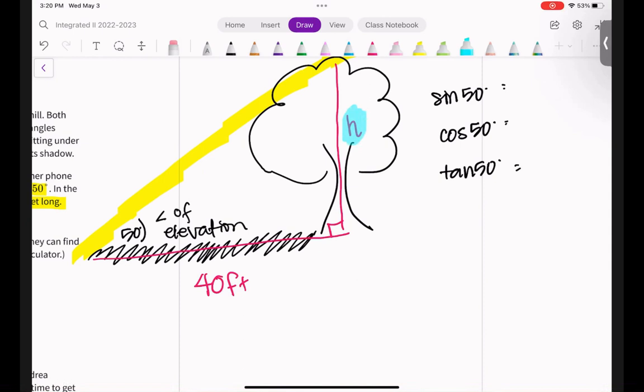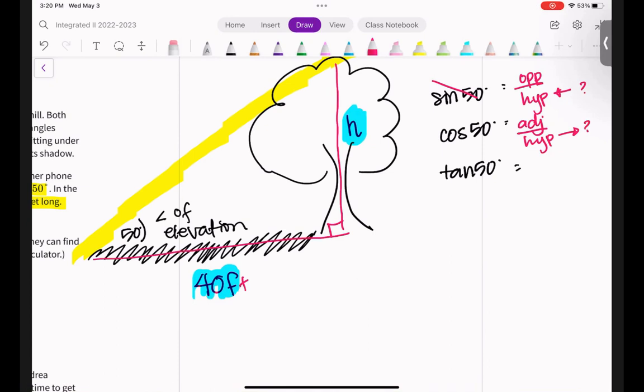Notice they gave me this side and this side. So could it be sine? No, it can't be sine because sine is opposite over hypotenuse, and I don't know the hypotenuse. They didn't give it to me and I don't need to find it. So that's going to be a no. Same thing goes with cosine, which is adjacent over hypotenuse. Again, we don't know it and they don't want to tell us. So it must be tangent.